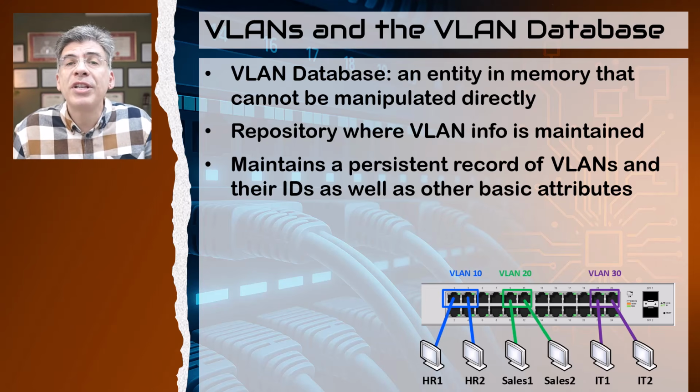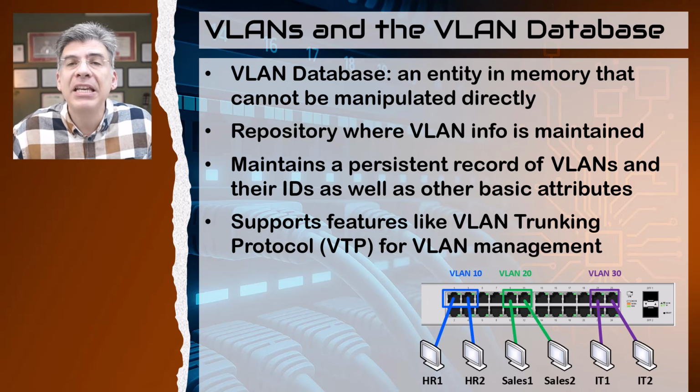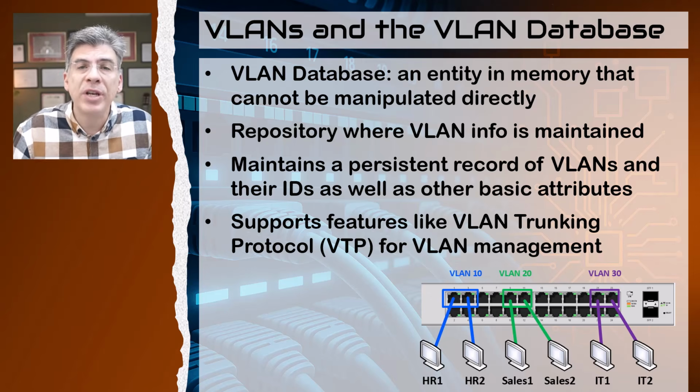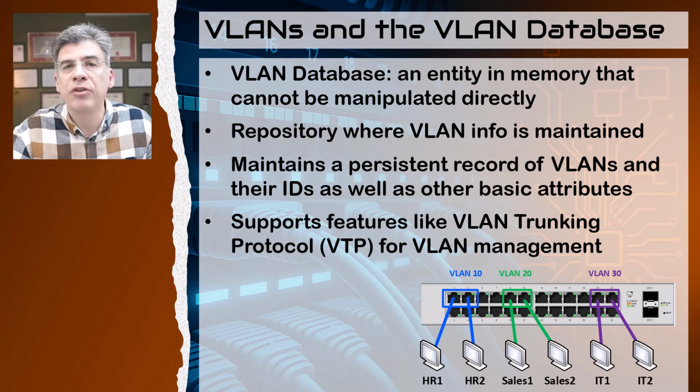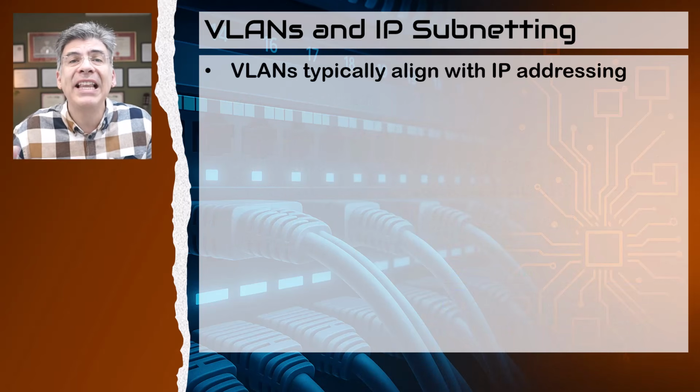It allows the switch to consistently enforce layer 2 segmentation, and in Cisco networks in particular, it also supports features like VTP for VLAN distribution and synchronization between multiple switches, which we'll talk about in a future video. Now, as we mentioned in previous videos, VLANs typically align with IP subnet addressing.